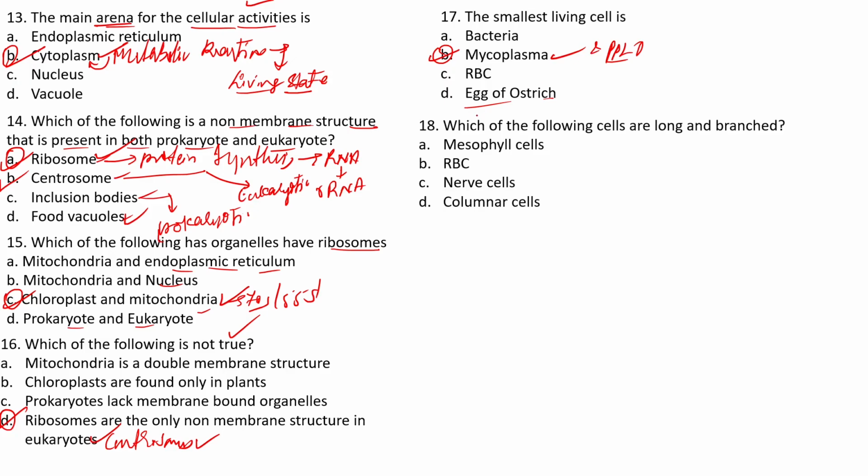The next question: which of the following cells are long and branched? Mesophyll cells, RBC, nerve cells, columnar cells. We know the answer is nerve cells, because columnar cells are long and narrow, RBCs are biconcave, and mesophyll cells are round and oval.